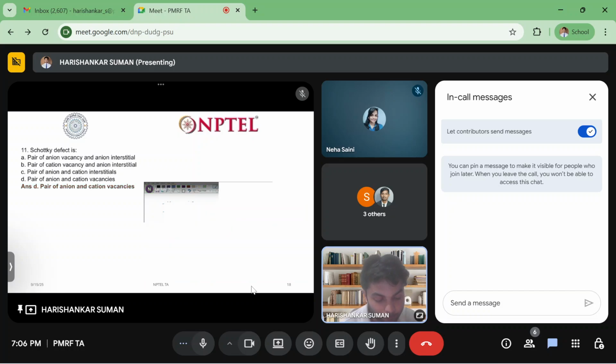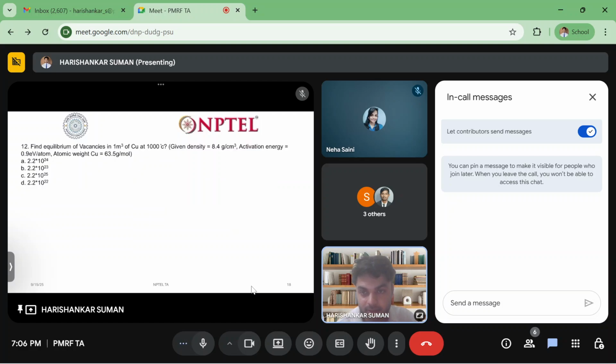Now this is a question on vacancies. Find the equilibrium number of vacancies in 1 meter cube of copper at 1000 degrees Celsius, given the density 8.4 gram per centimeter cube and activation energy 0.9 electron volt per atom. Atomic weight is given. Now we have to calculate the vacancies.